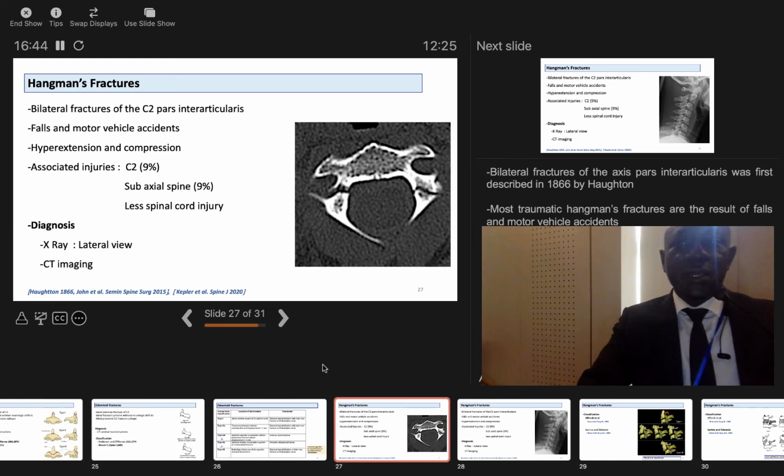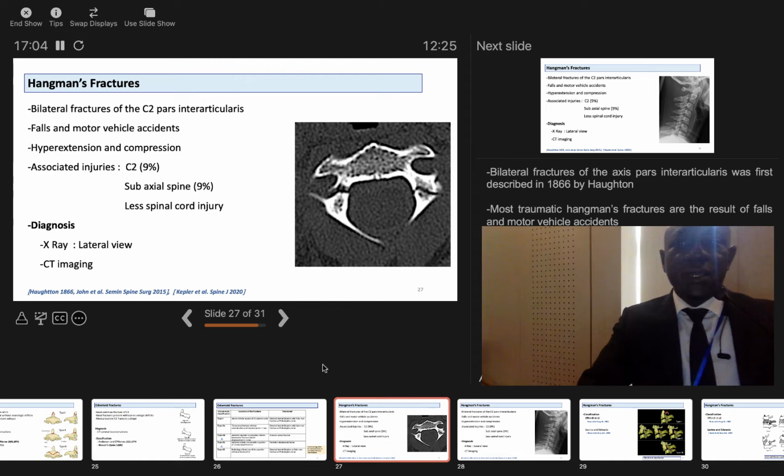Now the Hangman fracture is the bilateral axis pars interarticularis fracture, which was first described by Anton in 1816.